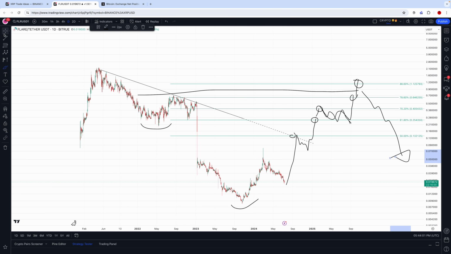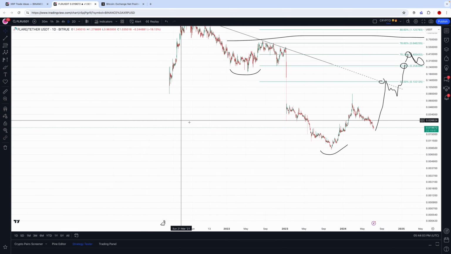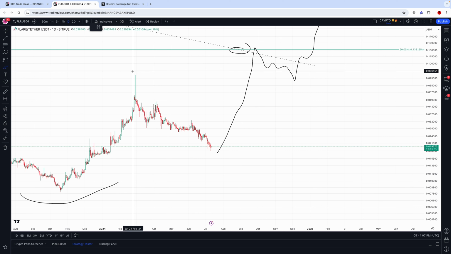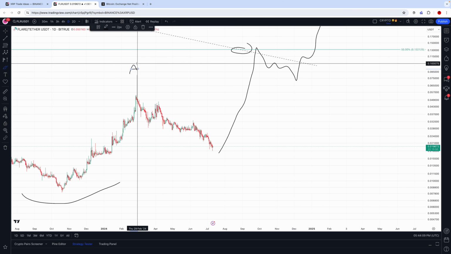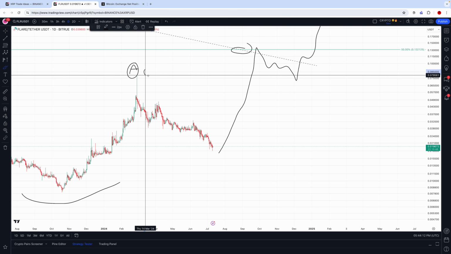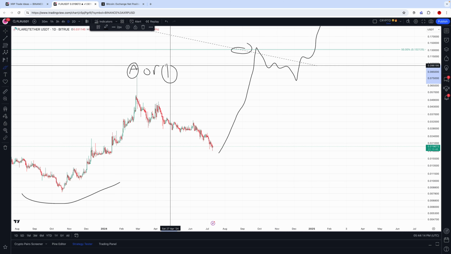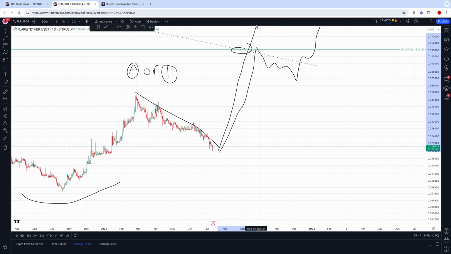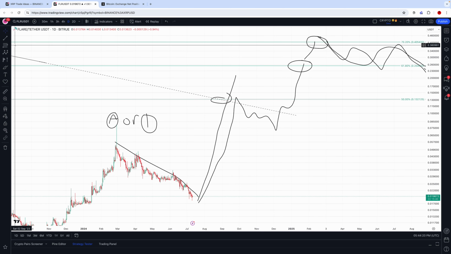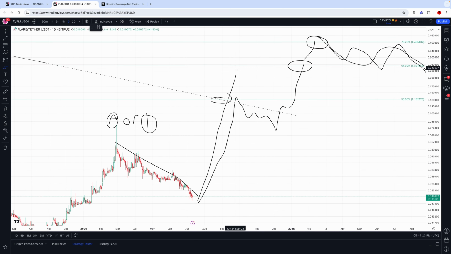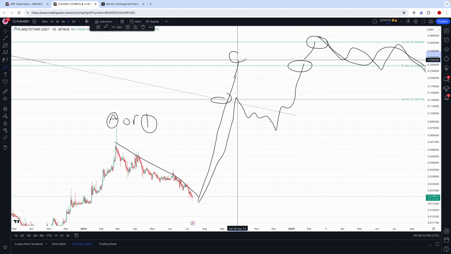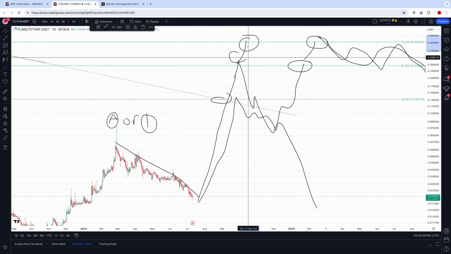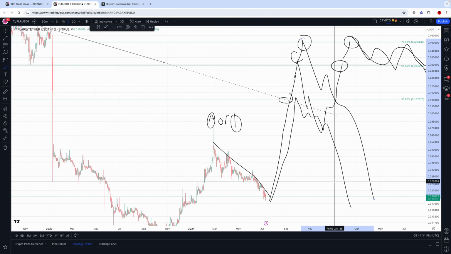Because currently, when we zoom into this, right, this is your first leg in the market. So this is either your A wave or your wave 1. Okay, so that means that this over here is a B wave. This next leg in the market would either mean that this is a C wave in which we finish up from there, and then go into our bear market.